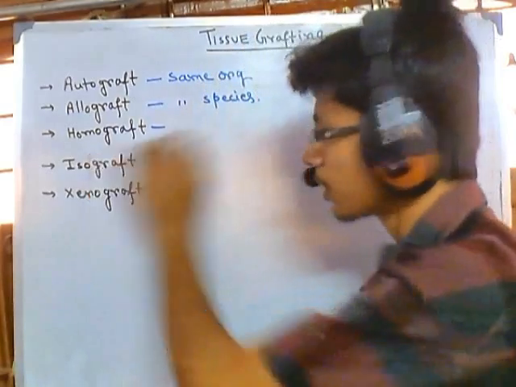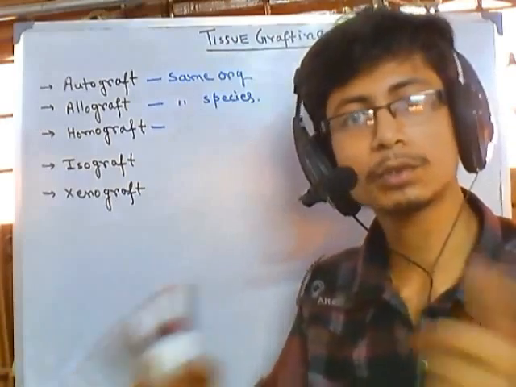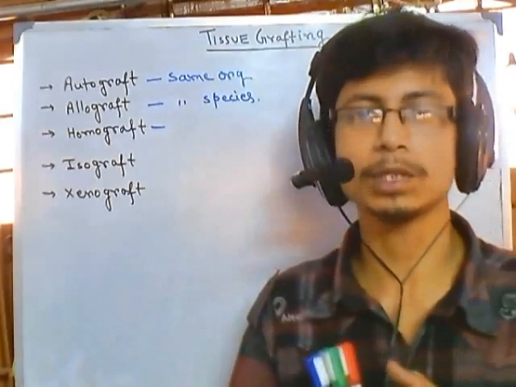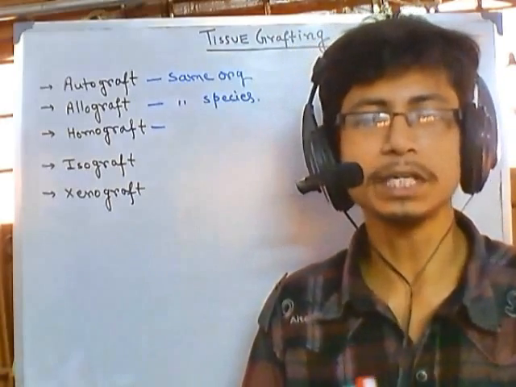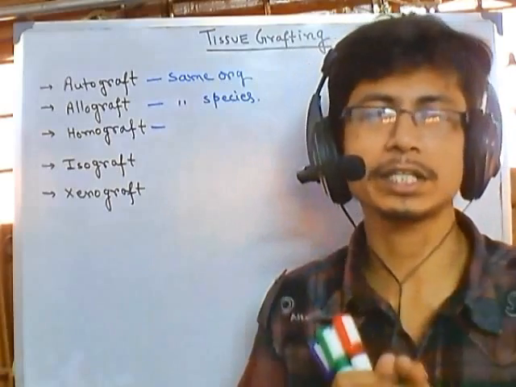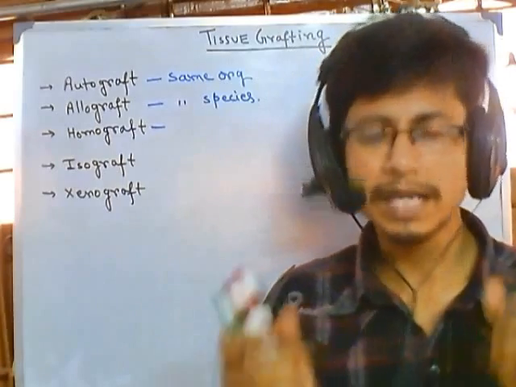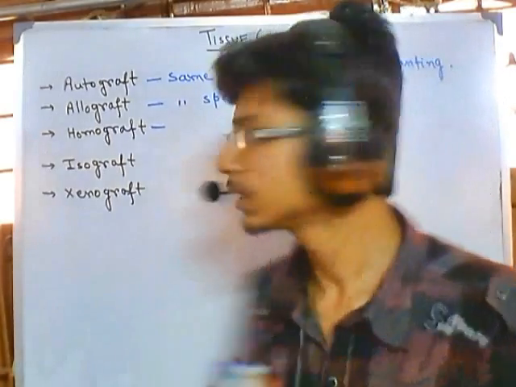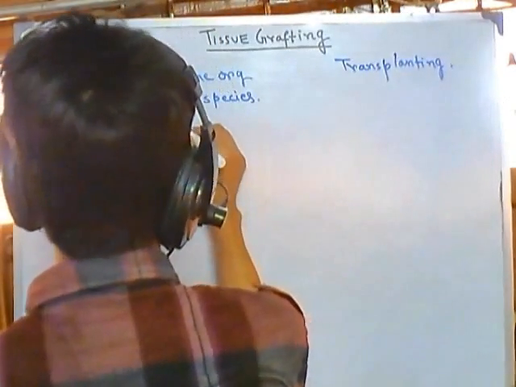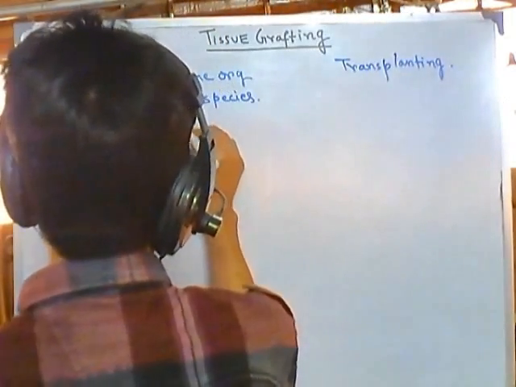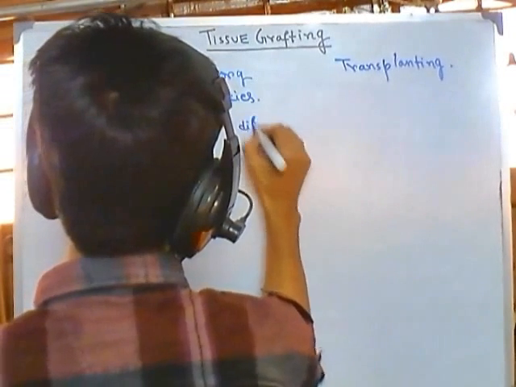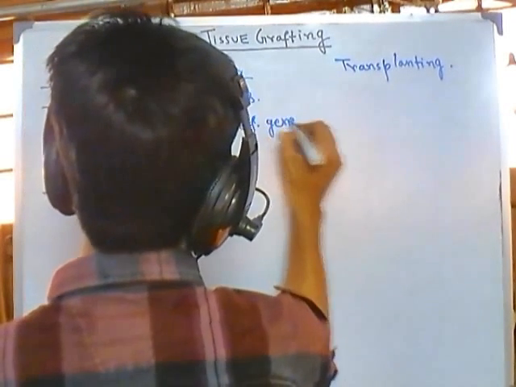In homografting, we transplant tissues between individuals belonging to the same species but having slightly different genetic makeup. That's called homografting. So this is between the same species, different gene makeup.